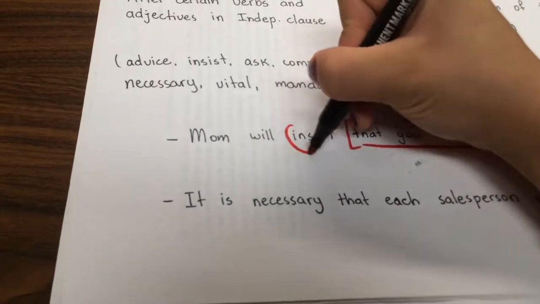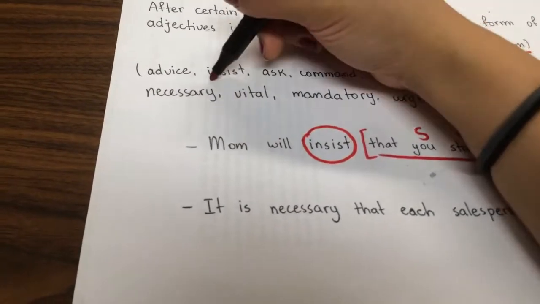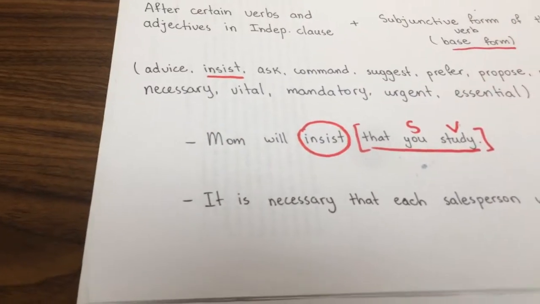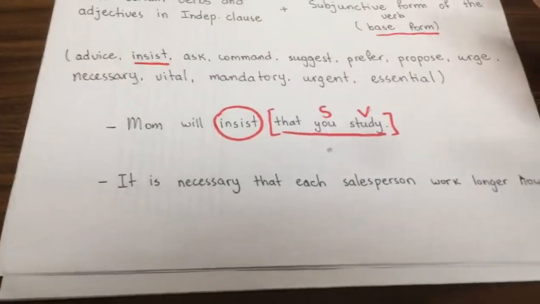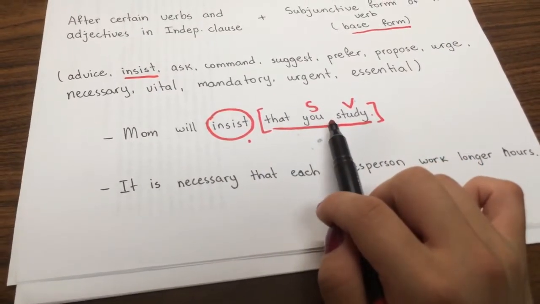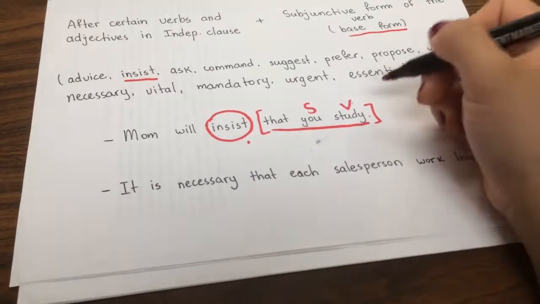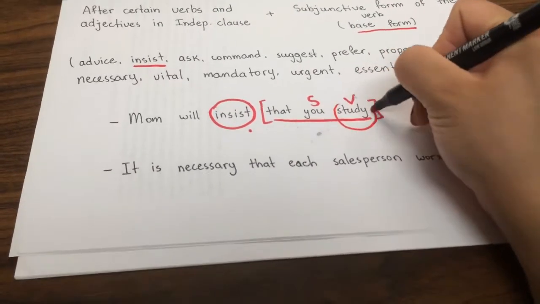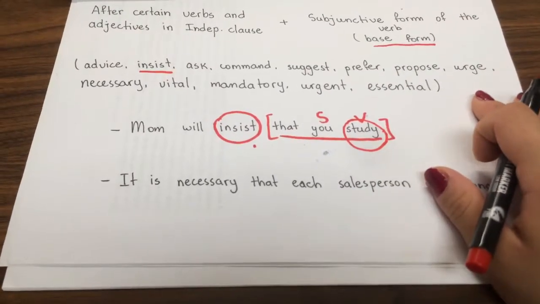And insist is the certain verb that we have in our list. If there is insist, then in the dependent clause that follows insist, the verb has to have the base form, which is here study.